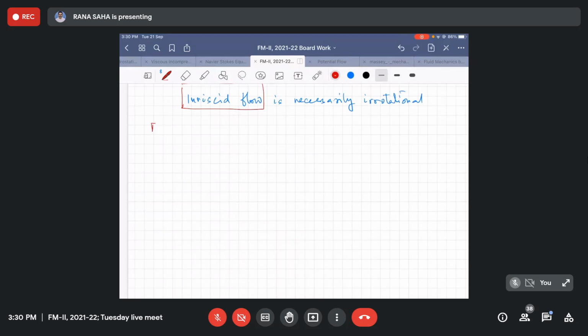For this basic flow patterns, we have first the uniform flow in terms of the stream function psi. It is minus u naught y, and the velocity potential phi, it is actually minus u naught x, right?